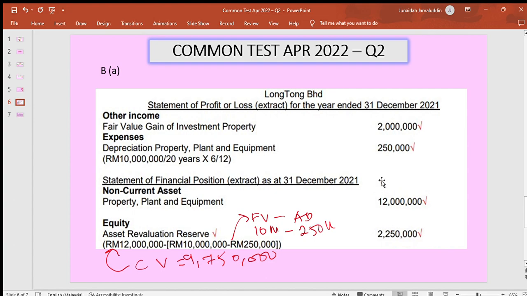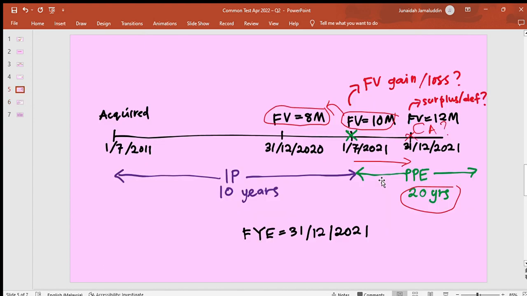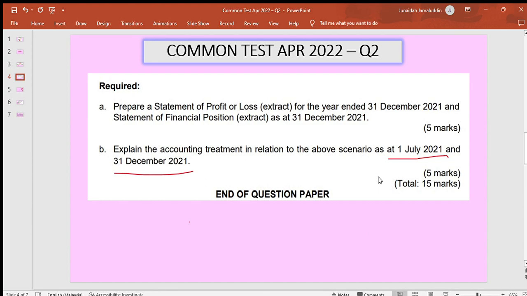So we have done required A already, which is to prepare SOPO and SOPI extract. Now let's check out required B. We have to explain the accounting treatment in relation to the above scenario as at 1st July 2021 and 31st December 2021.